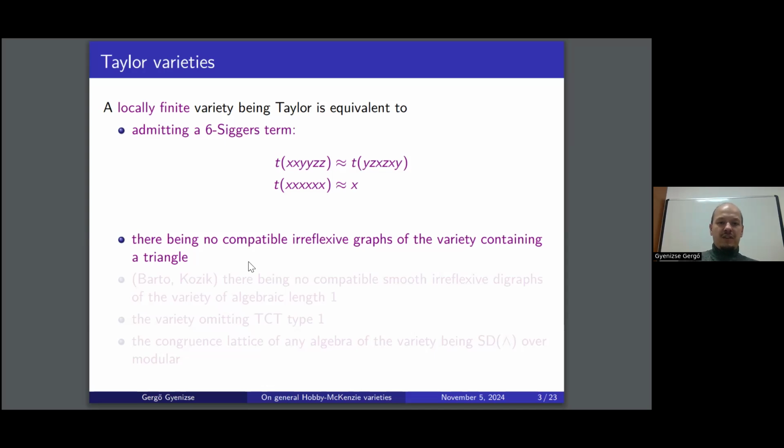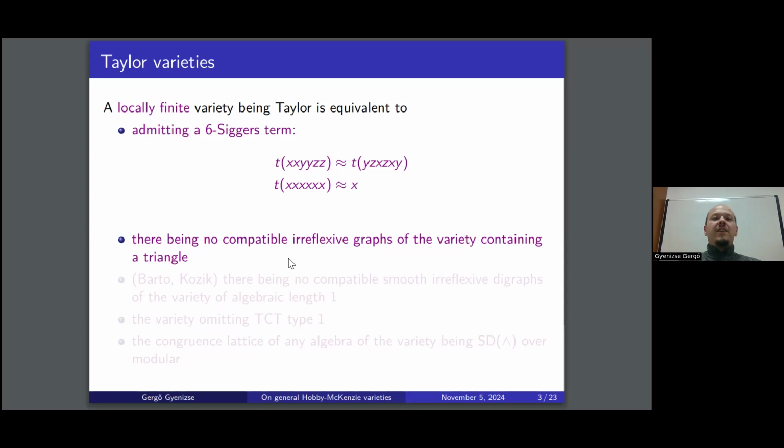This condition is called a loop condition, because it says that if a graph has a triangle, then it also has a loop. This can be easily seen to be equivalent to the existence of the Siggers polymorphism, because you apply this condition in the free algebra generated by three elements x, y, and z, and the graph generated by the edges xy, yx, xz, zx, yz, zy.